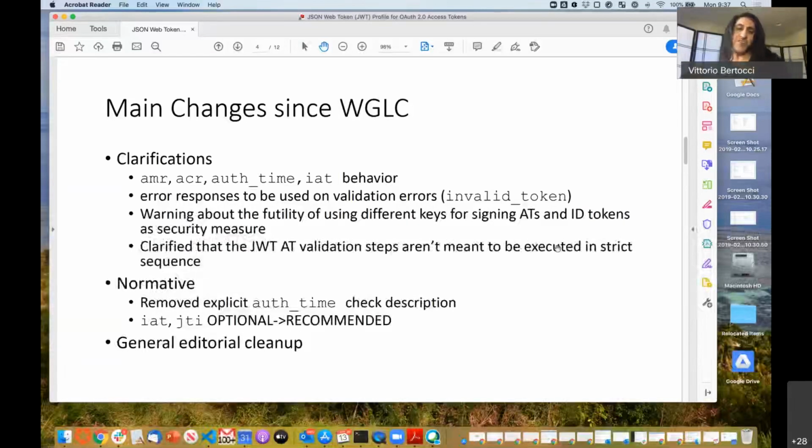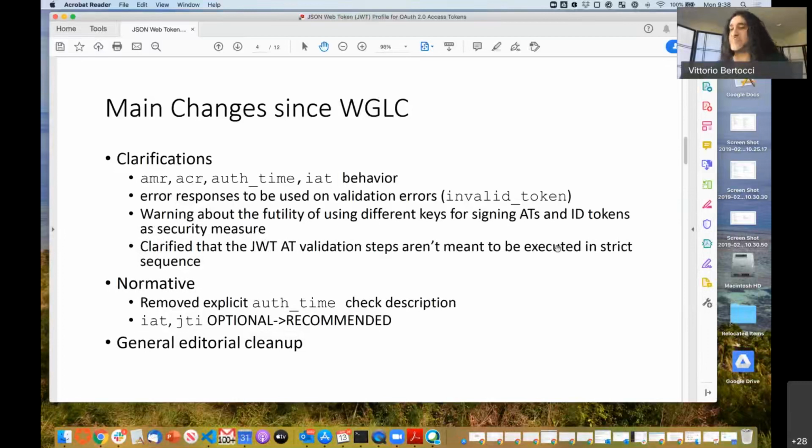In terms of normative changes, I had the 7th step in there, which again was coming from the ID token validation heuristics. And it was confusing. And also it created a problem because we were just saying, well, you've got to re-authenticate, but we weren't really providing any mechanism for telling the client that they need to authenticate.